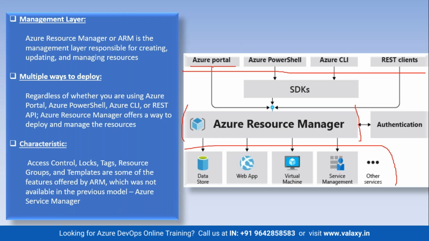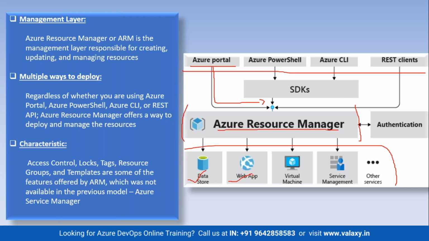Behind this portal, there's a middleware called Azure Resource Manager. This is basically a management layer. So whatever resource you want to create, like a data store, web app, virtual machine, or service management, it goes through this Resource Manager.